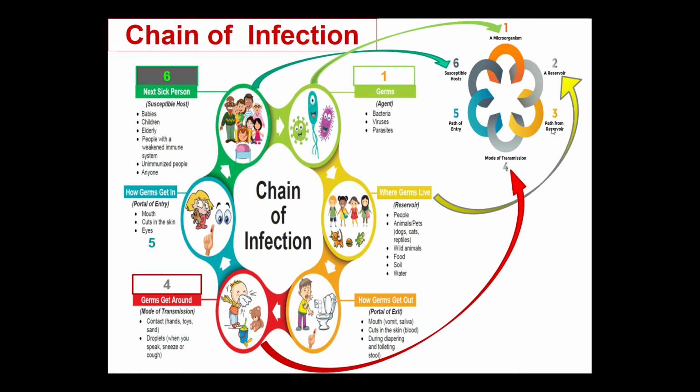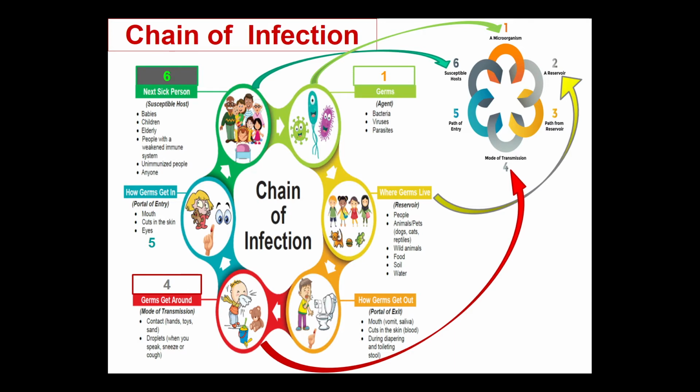The third element is the path from the reservoir. From this reservoir, microbes may be transmitted to some people or some animals, and these become infected through passage of microbes from the reservoir through the portal of exit of the disease. These portals of exit may be the mouth, vomit, or saliva of infected people who are members of the reservoir population.